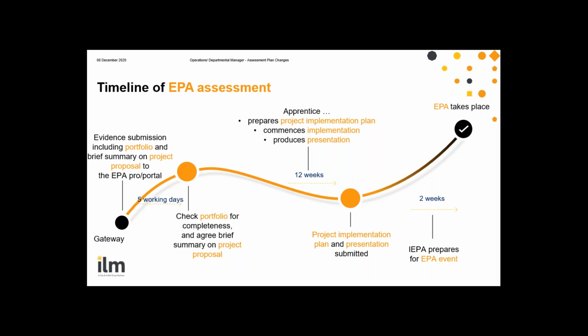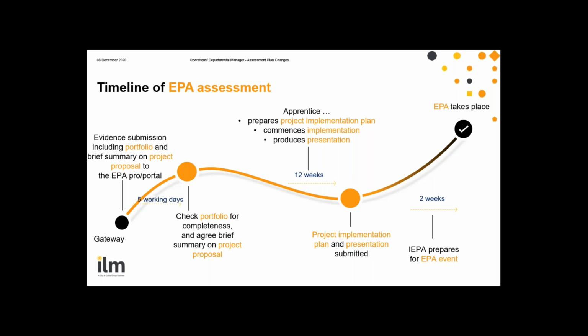So it's important to note again, it's all post-gateway work. The evidence included cannot be pre-gateway. They have 12 weeks to write and then submit both the project proposal, implementation plan, and the presentation at the same time.